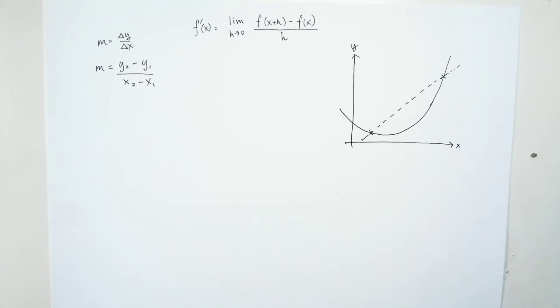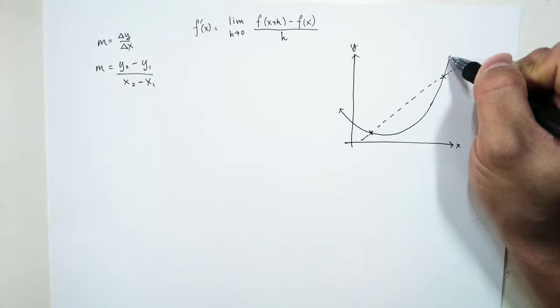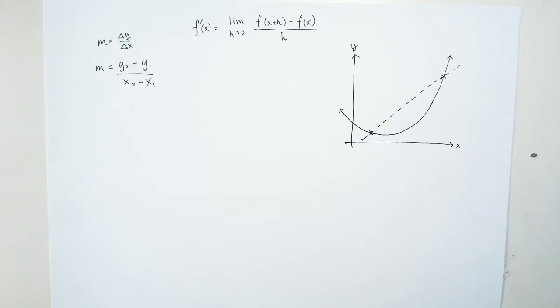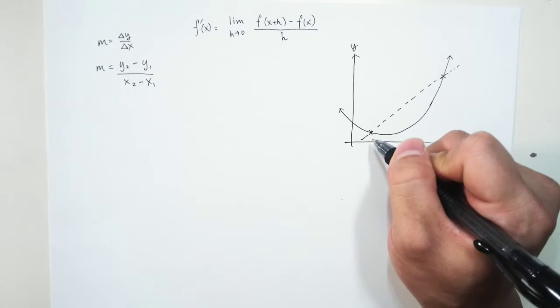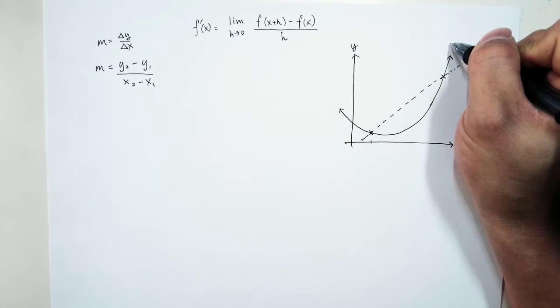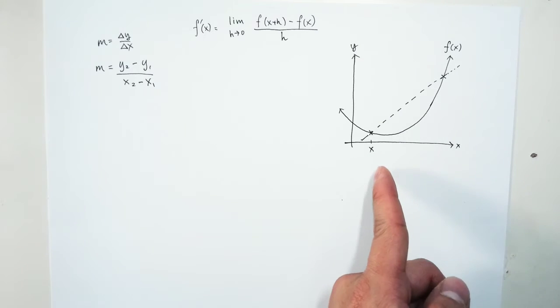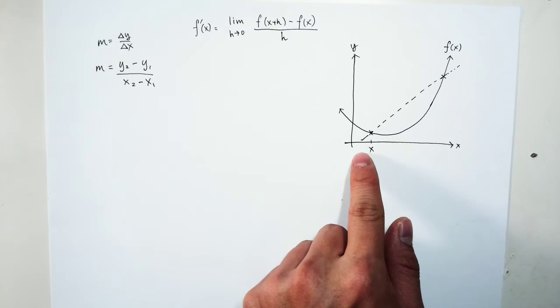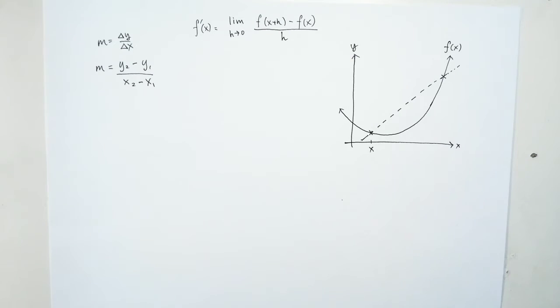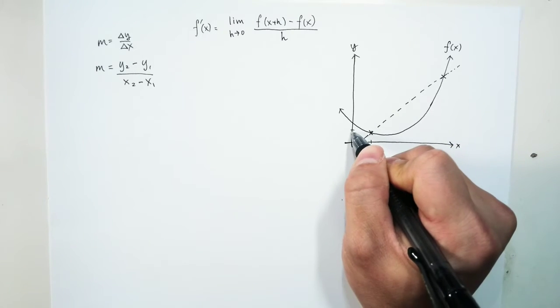Now, let's make it a little more challenging. Let's say this graph goes further in both directions. Now we'll label this diagram. Let's say this graph is a representation of function f, and this point right here we call x. Now, what would we call this point?